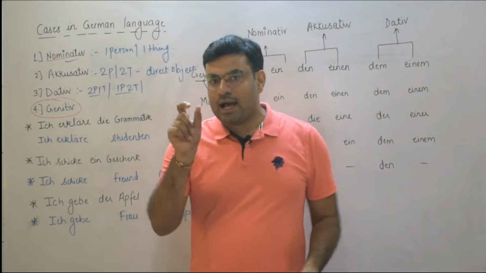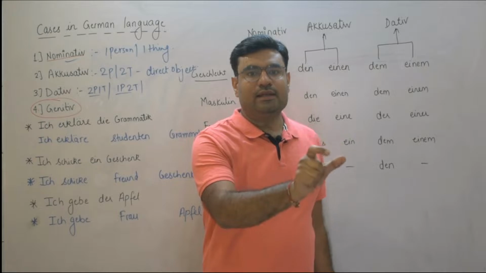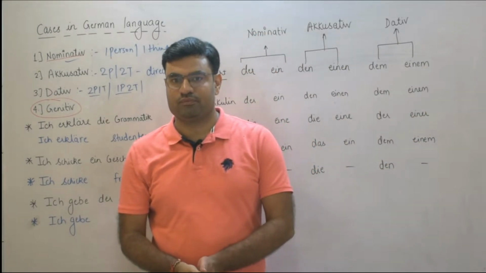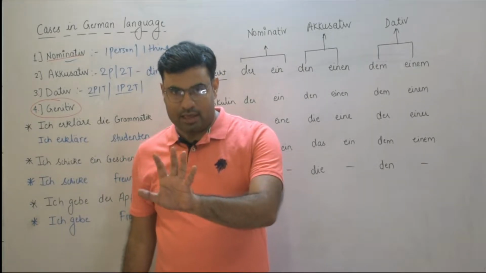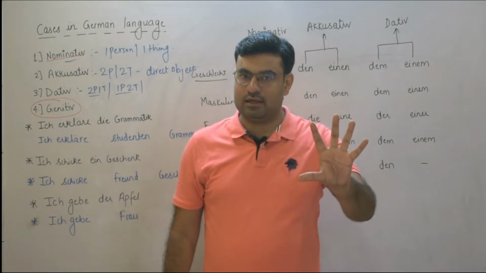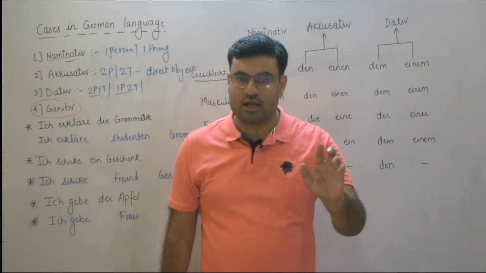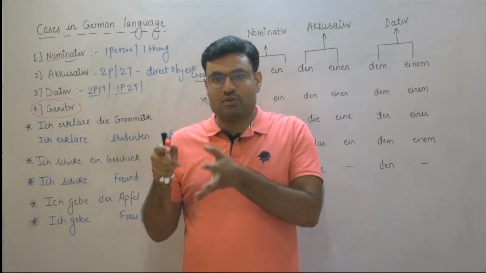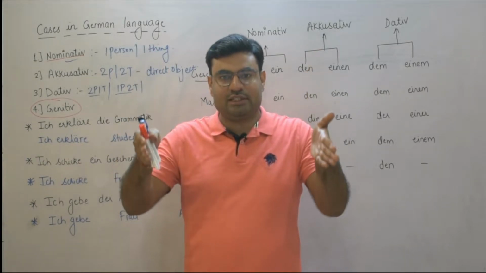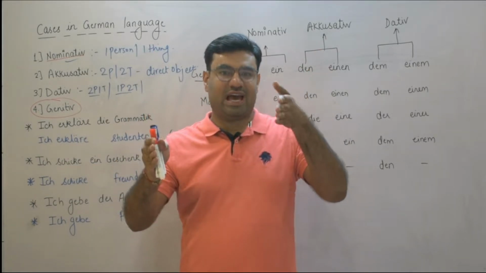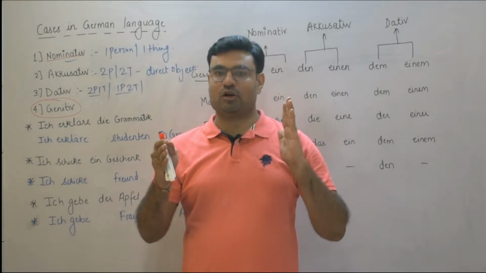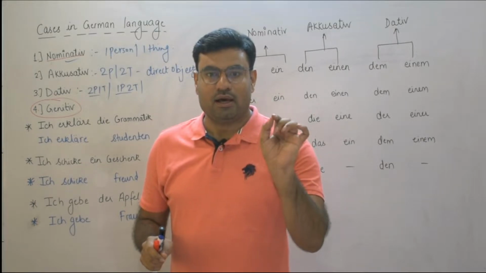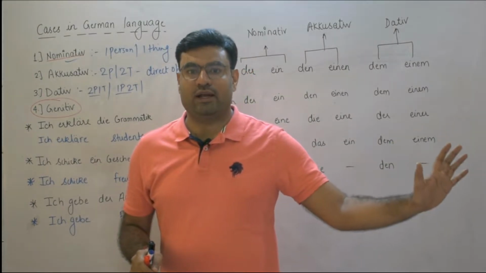But if I say I write a letter to a friend, what have I done now? I have written a letter, that is the direct object. Now the statement should be over, because in the case of an accusative statement we have achieved all the goals: a subject, a verb and a direct object. But in this statement, I am writing a letter to a friend.